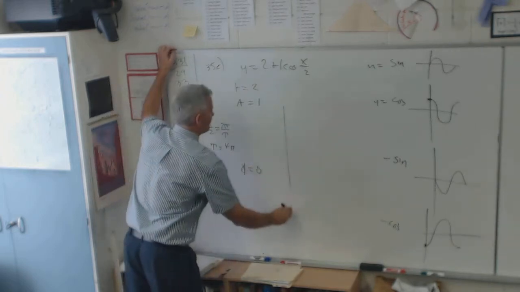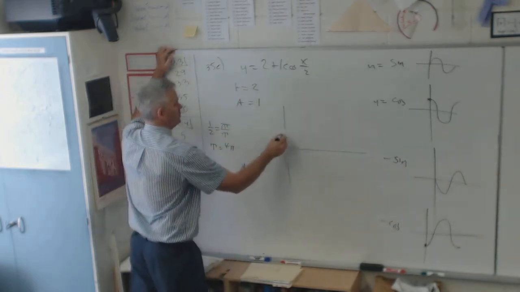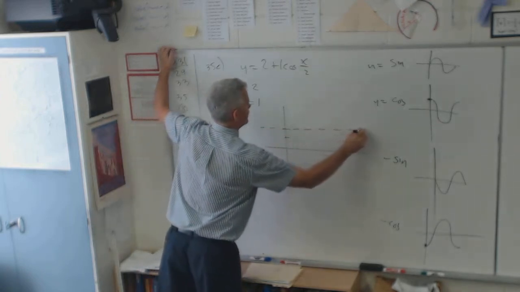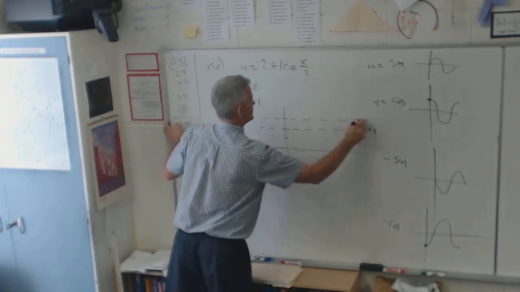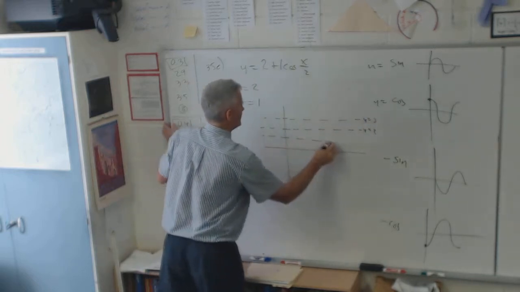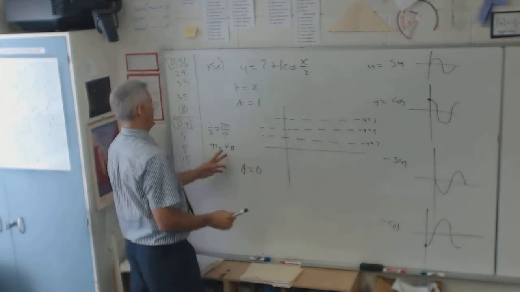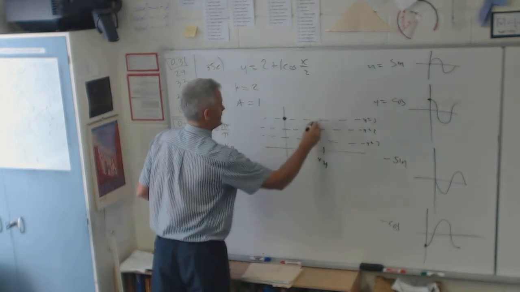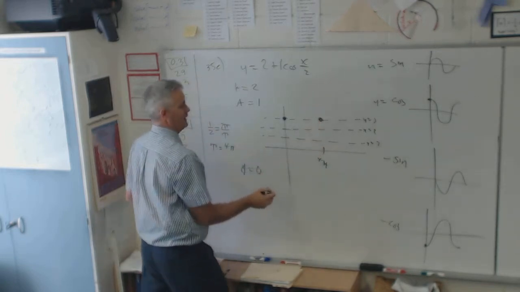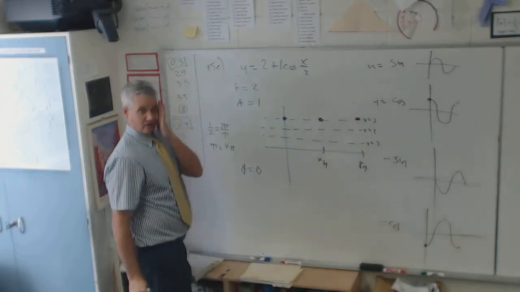So to graph it, the middle is 2. The amplitude is 1, so we go 1 above it, 1 below it. There's no phase shift. The period is 4 pi. So once it goes 4 pi, it's done a complete cycle, and double that, 8 pi, it's done another complete cycle.